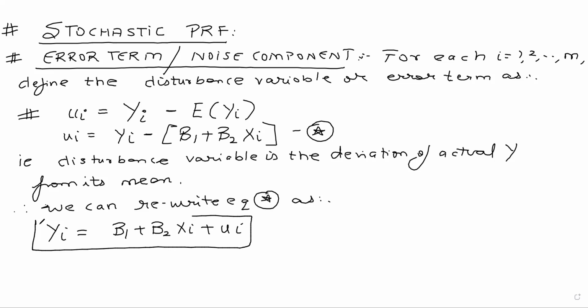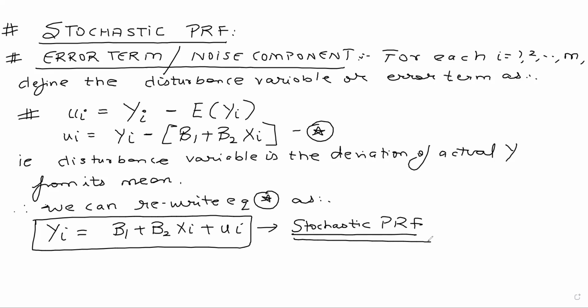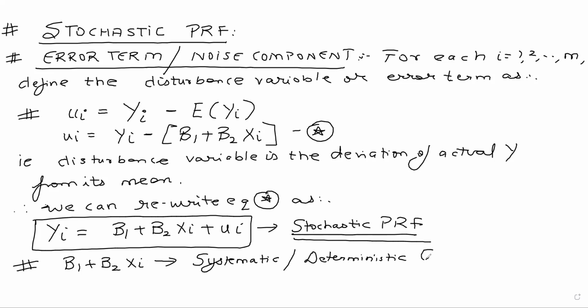And this is called the stochastic population regression function. You can clearly see that in this case, b1 plus b2 xi is the systematic or the deterministic component of the stochastic population regression function.